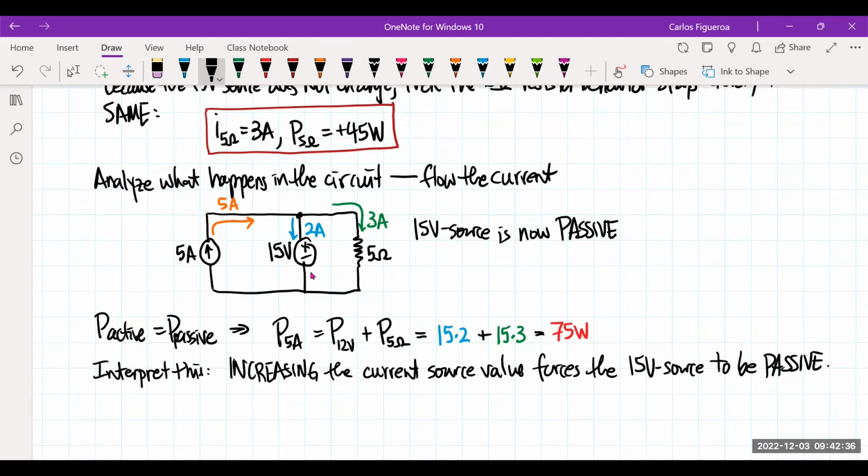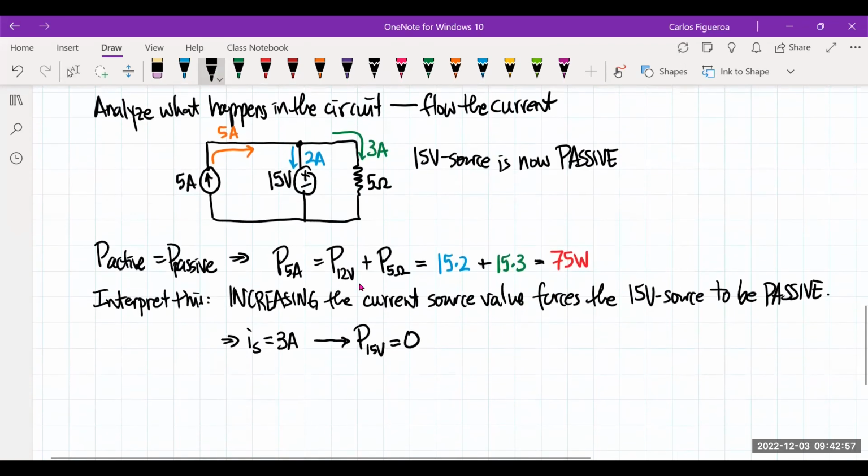So since there was 0 power for the 15 volt when the current was 3 amps, what this tells me is that if I source is equal to 3 amps, that implies the power of the 15 volt was equal to 0. Now, if I increase this, I source equal to 5 amps, this guy now becomes passive.